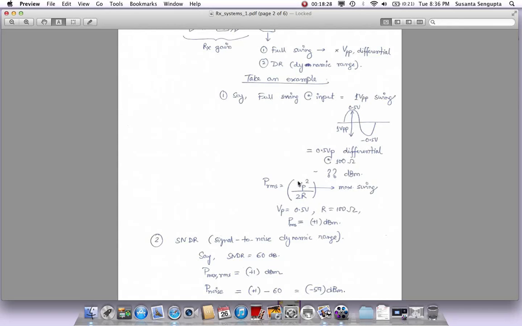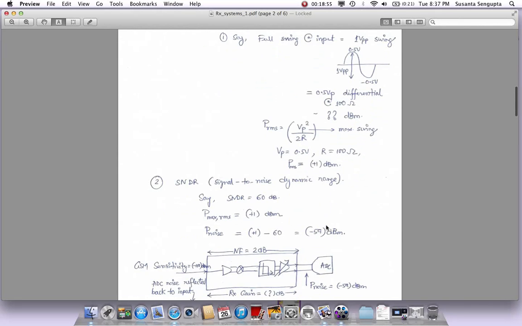It comes from the fact that the RMS voltage is V peak divided by square root of 2. Here, if I plug in these values for this specific case, 0.5 volts, R is 100 ohms, the RMS power P RMS will become plus 1 dBm. So this would be the maximum swing and the corresponding RMS power across 100 ohms if there was a 100 ohm impedance there.